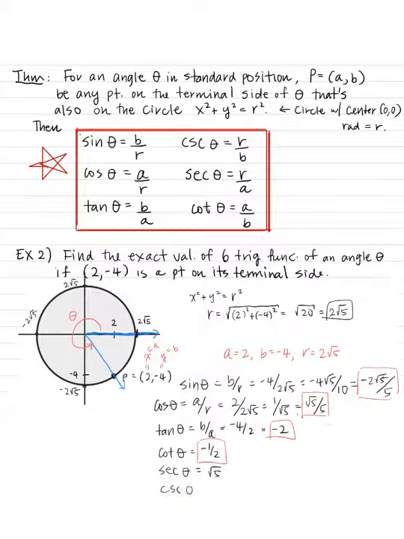And then cosecant of theta is just 1 over sine. So here you're going to have 2 root 5 over negative 4. 2 goes in, so negative square root of 5 over 2. And that's what the question's asking you to find.